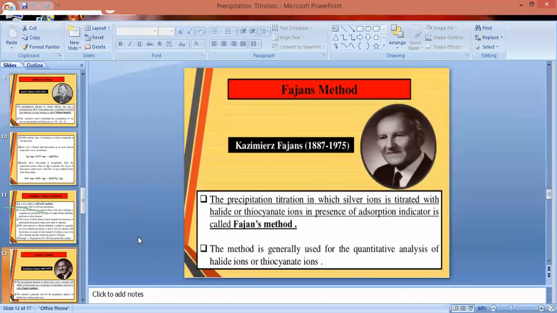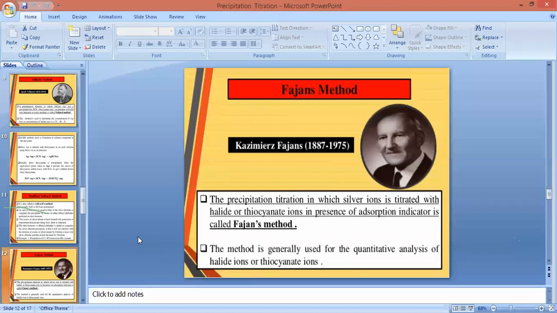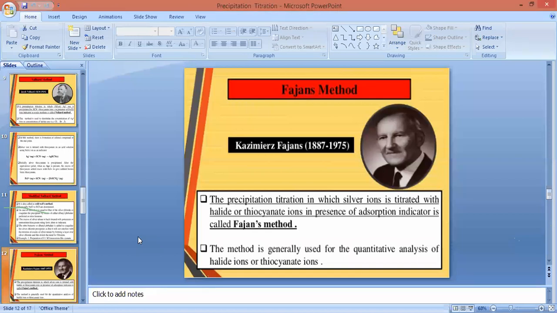Next, the last method of precipitation titration is the Fajans method. In the Fajans precipitation titration method, silver ions are titrated with halide or thiocyanate ions in the presence of an adsorption indicator.